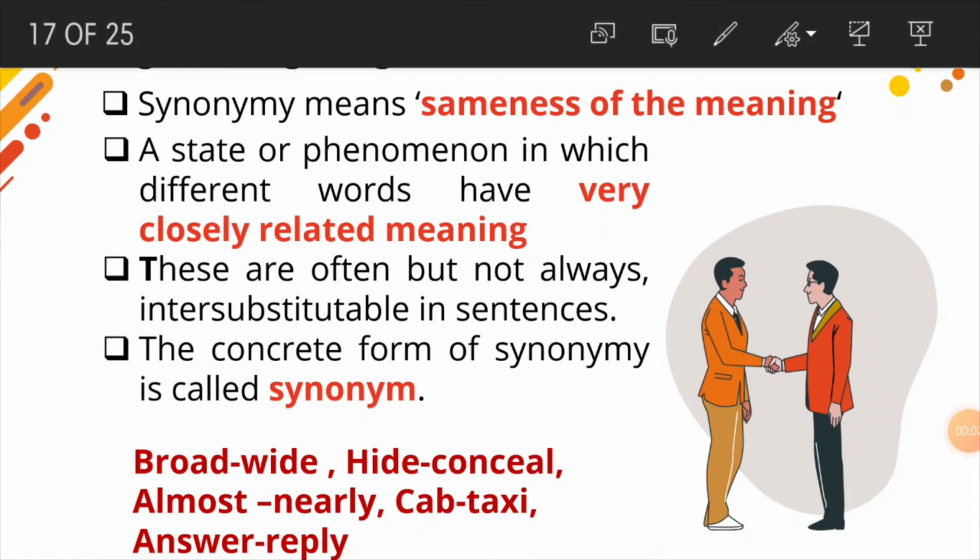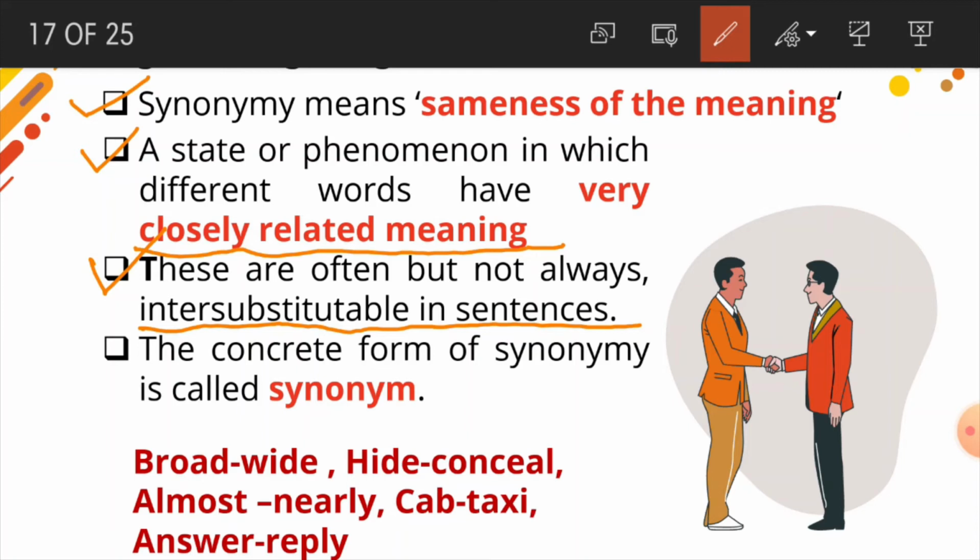Synonymy. Synonymy means sameness of meaning, a state or phenomenon in which different words have very closely related meanings. These are often but not always intersubstitutable in sentences. We need to note that the idea of sameness of meaning used here is not necessarily total sameness.